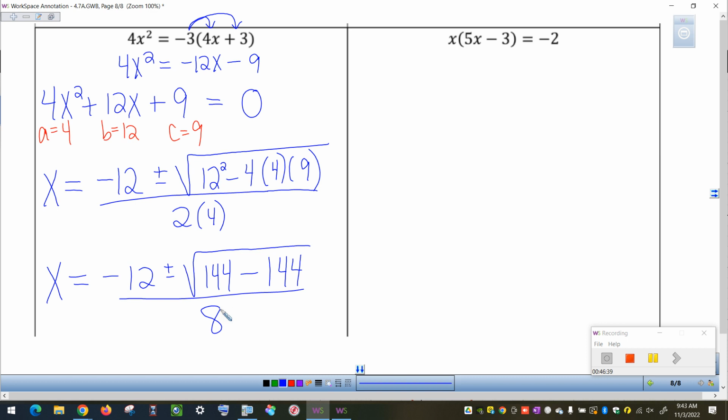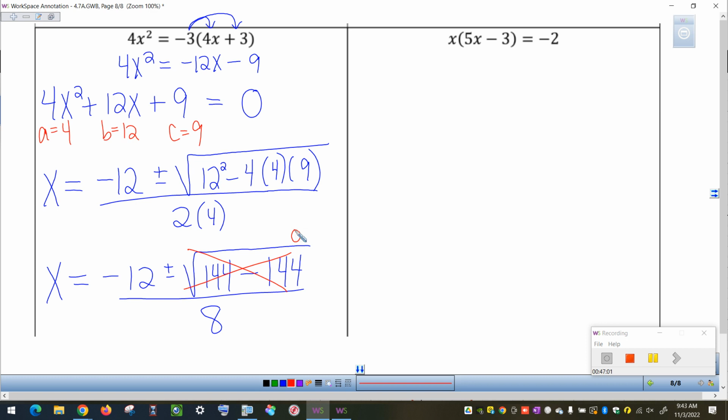So what could happen is that it's the same number that's being subtracted, and that just equals 0. 144 minus 144 is 0. The square root of 0 is 0. If you add 0 on the end, or if you subtract 0 on the end, it doesn't change anything.